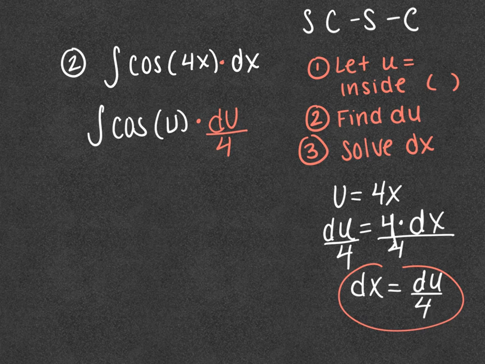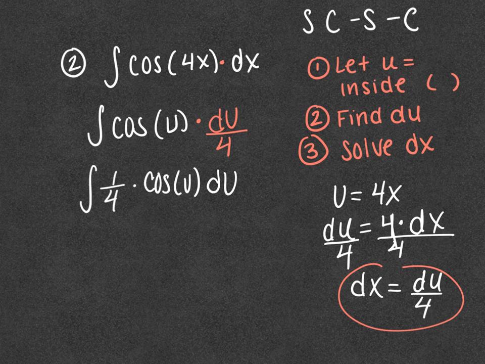So what you can see is that we almost can integrate this now because it's cosine of u du, but we have this over 4 that's kind of just hanging out there. So you have an option to kind of make it 1/4 because it's a 4 on the bottom. So you can make this as 1/4 times cosine of u du, right? Because anything divided by 4 is the same thing as 1/4 times that number.